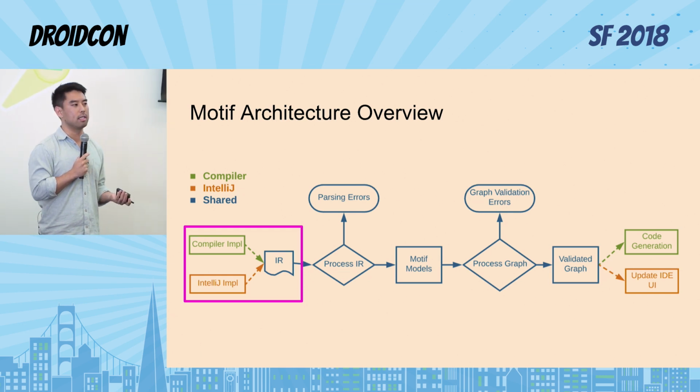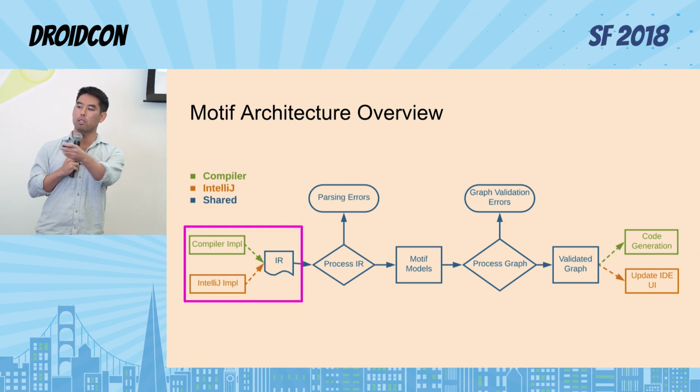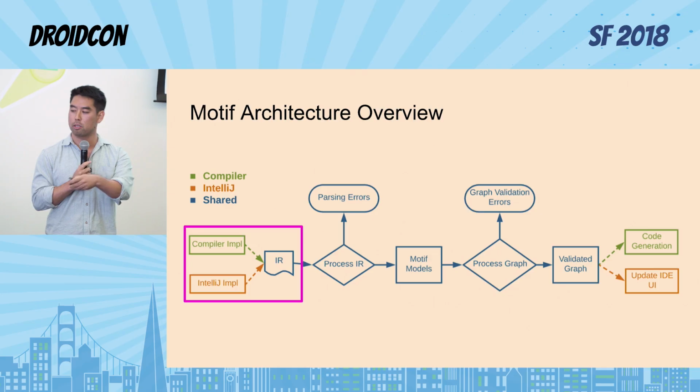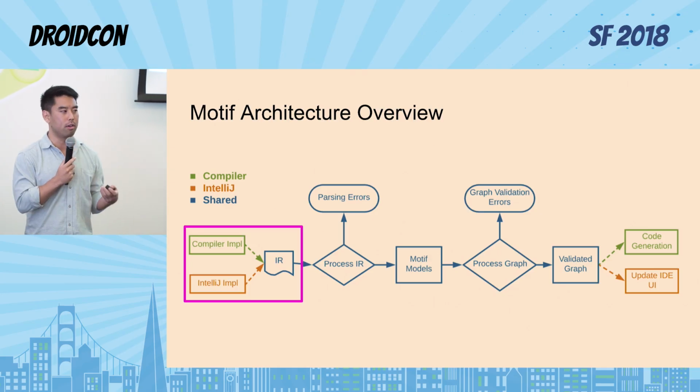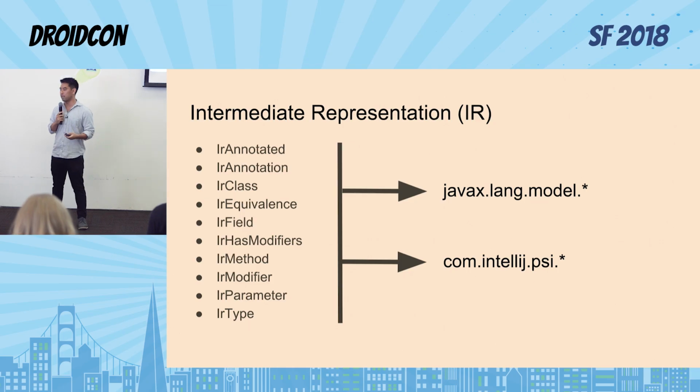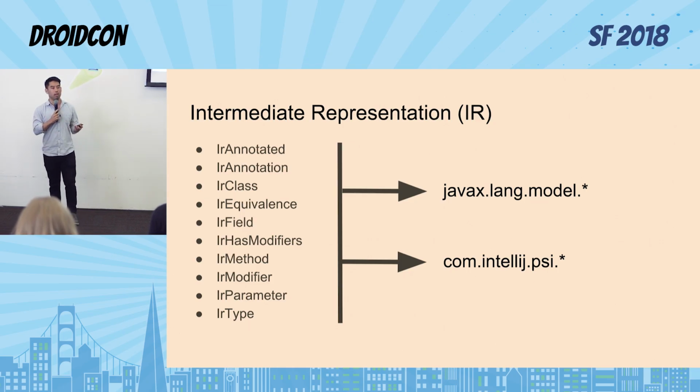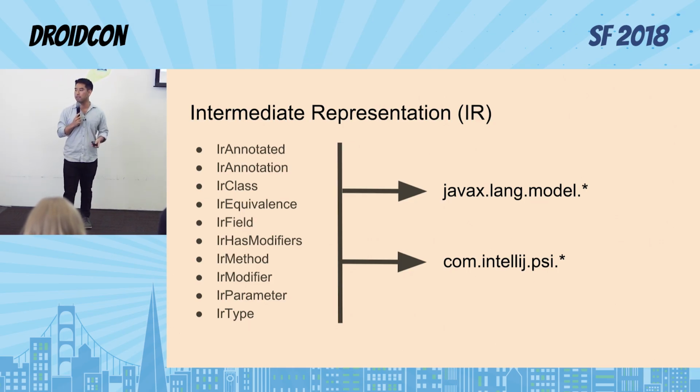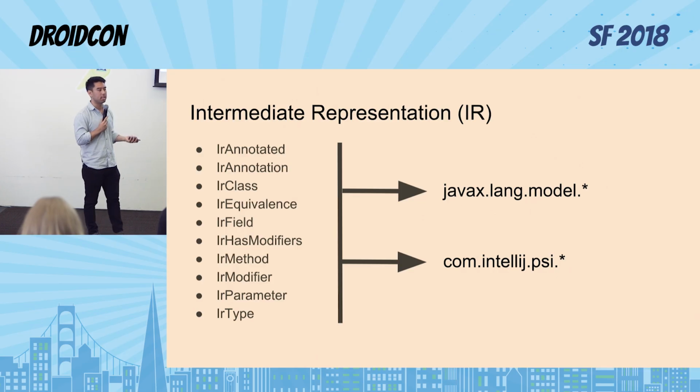But what's great about this is that the subsequent logic and the subsequent flow doesn't know whether or not we're in the compiler or the IntelliJ world. So we'll take a look at this IR for a second. These interfaces on the left are satisfied in two different worlds, again, with the javax.lang.model namespace, and this is the annotation processing models.